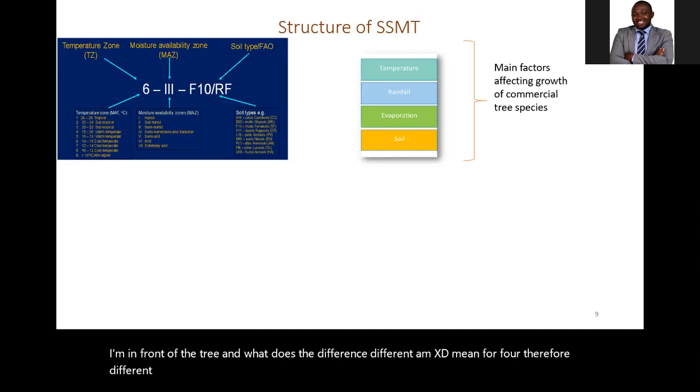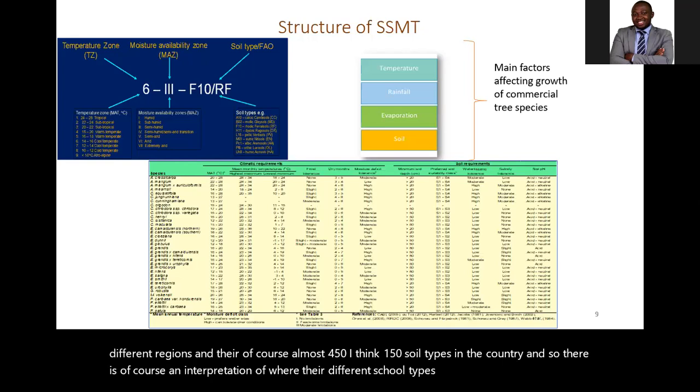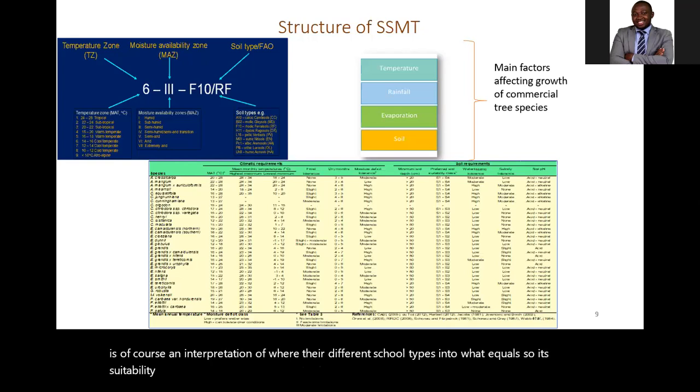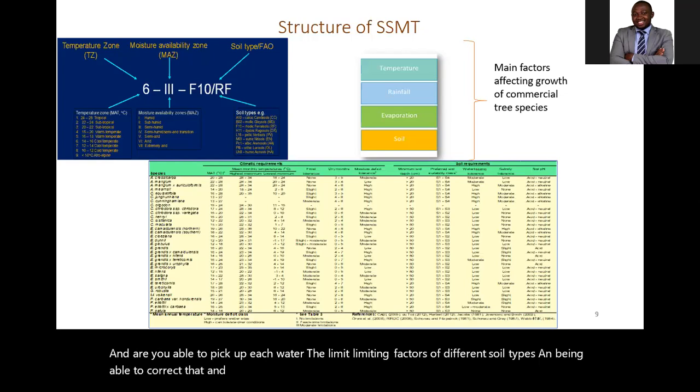And there are, of course, almost 450, I think 450 soil types in the country. And so there is an interpretation of the different soil types into what we call soil suitability classes, to be able to determine what grows, what soil fits what plant, what trees, for example. And you are able to pick up the limiting factors of different soil types, and correct that and give it a soil class and soil suitability.